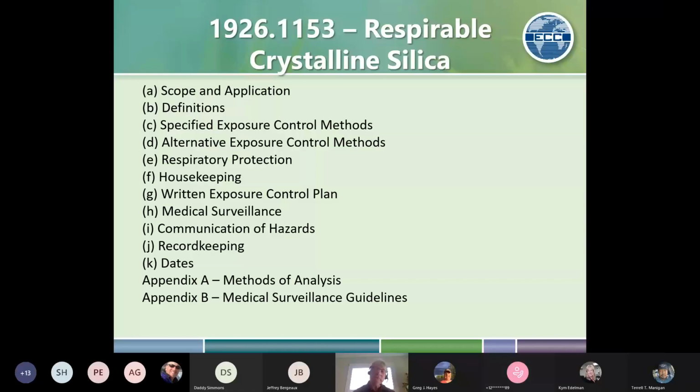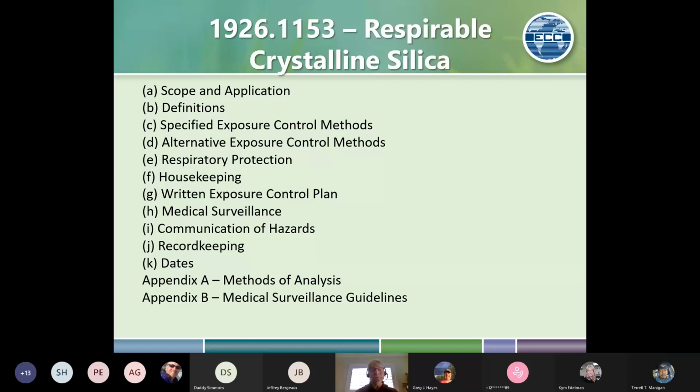This standard gives you some specific options, which we're going to talk about. And that's why Kim sent that table around. That's table 1. It's the only OSHA standard really like this, that details that, and of course, like asbestos abatement. But most of them do not detail specific exposure control methods.